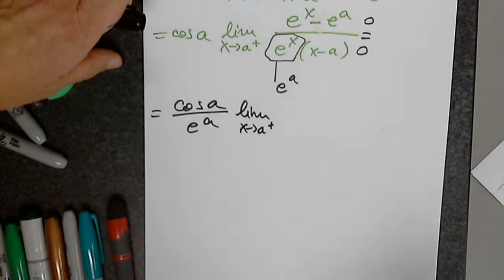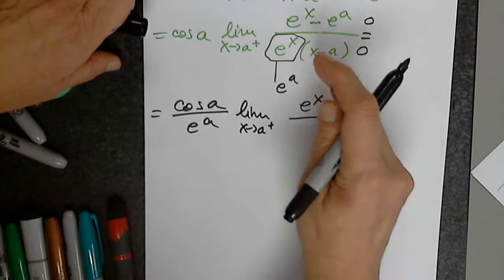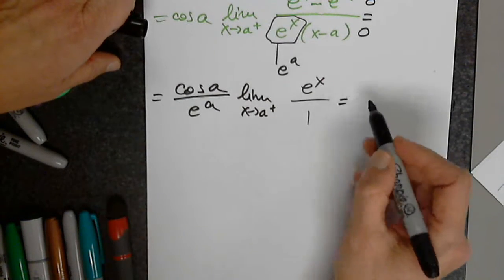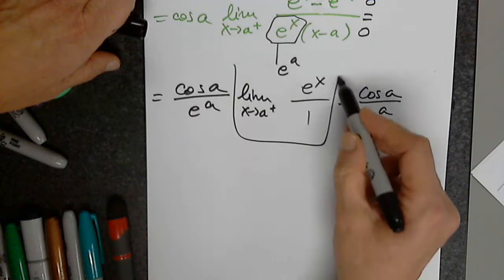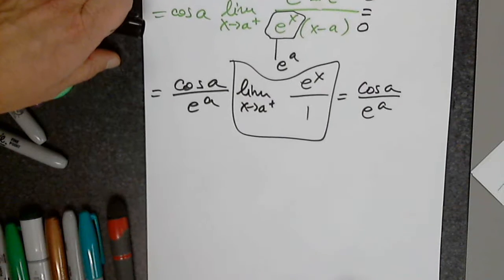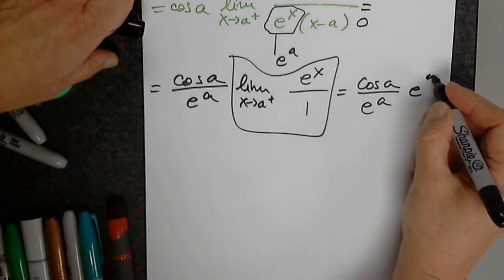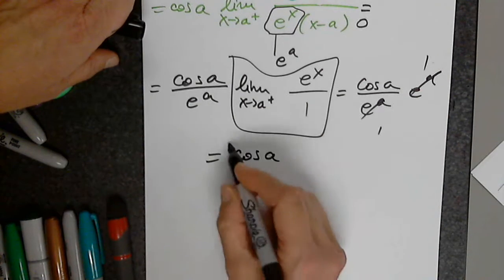It's just e to the a. So now I will differentiate the top, and I get e to the x. I will differentiate the bottom, and I get 1. So then I have cosine a over e to the a, and how much is this? Which goes away as 1, and the answer is this.